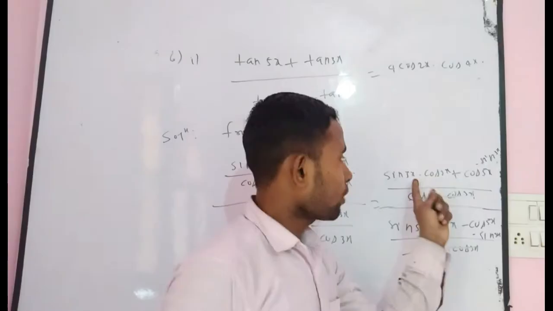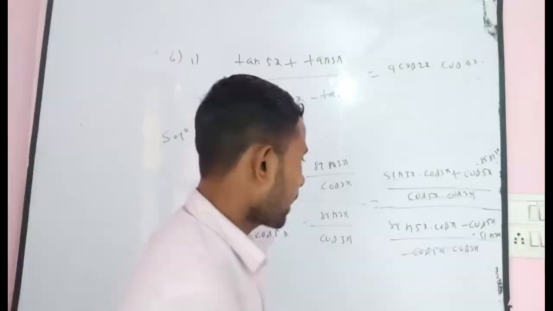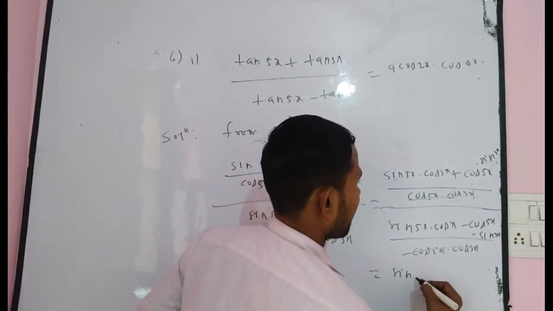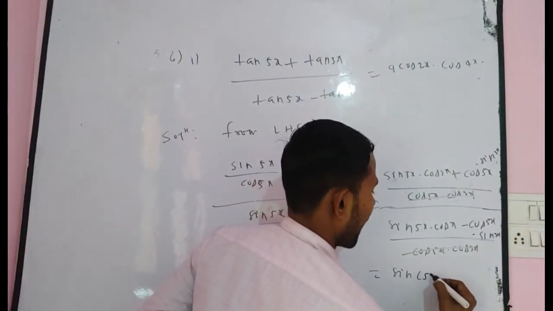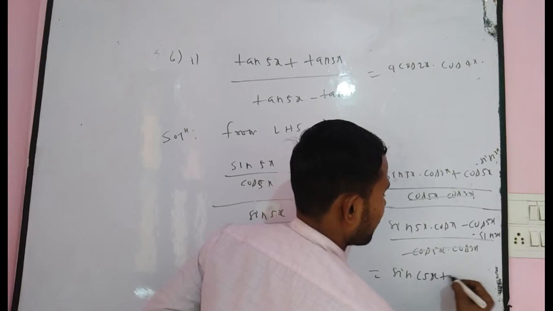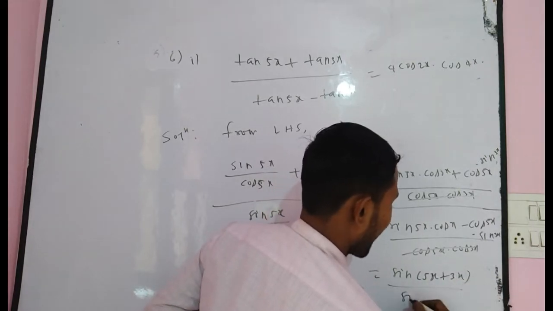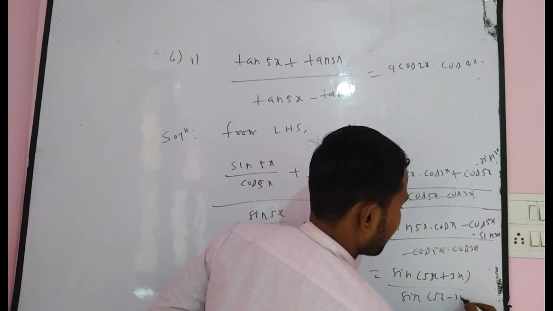That means sin A cos B plus cos A sin B, so you can write it as sin (A plus B), that means 5x plus 3x. And sin A cos B minus cos A sin B is sin (A minus B), that means 5x minus 3x.